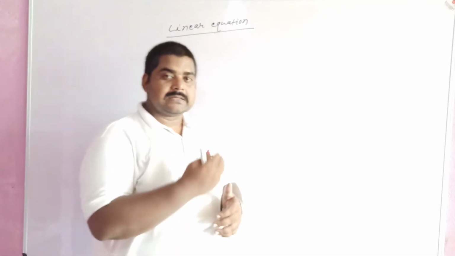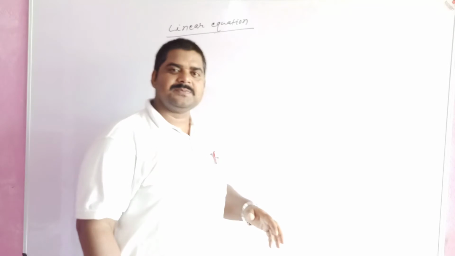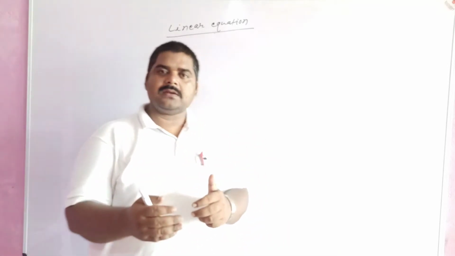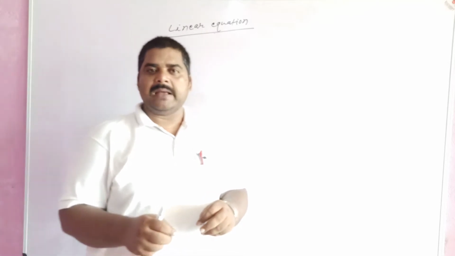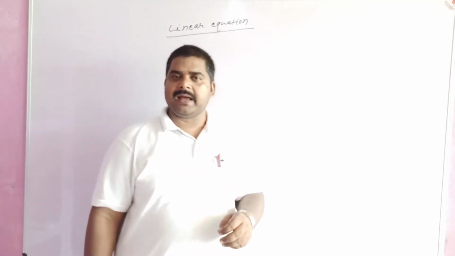Now let's discuss linear equation. This concept is derived when variables and constants are combined by the basic operations of mathematics. You know that the four basic operations are plus, minus, multiply and divide.